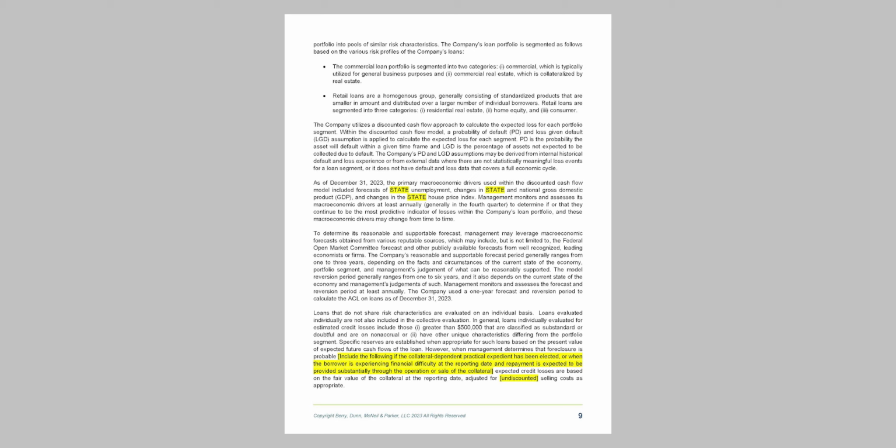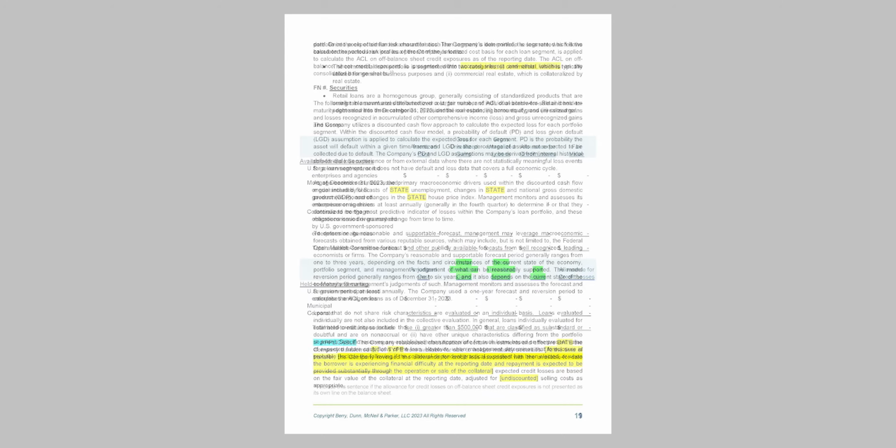So towards the top here, we start talking about the discounted cash flow model, as well as some of the macroeconomic drivers that are being used in the model that are ultimately driving the model results. So as we'll see, more to come on these model specific disclosures, but this is just kind of where that starts to get embedded into the financial statements.